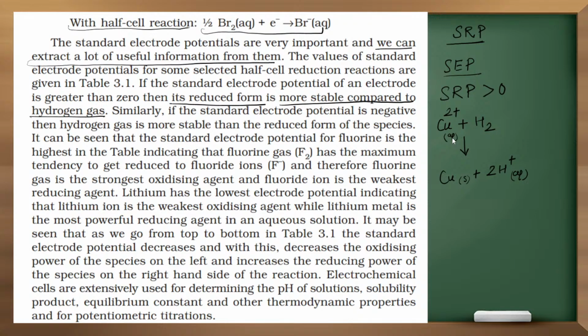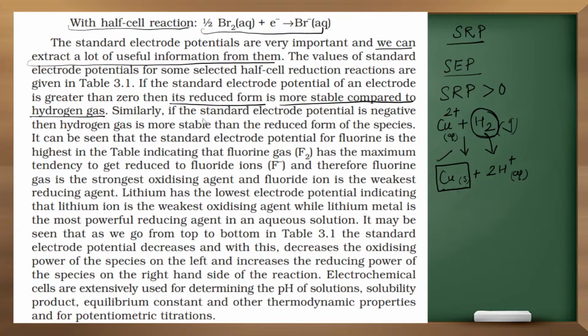Okay, so that means when copper 2 plus ions are present and hydrogen gas is bubbled through it, then it turns into copper solid and hydrogen gas gets oxidized to H plus ion. So what is the reduced form of copper? That is copper solid. So its reduced form is more stable than the hydrogen gas.